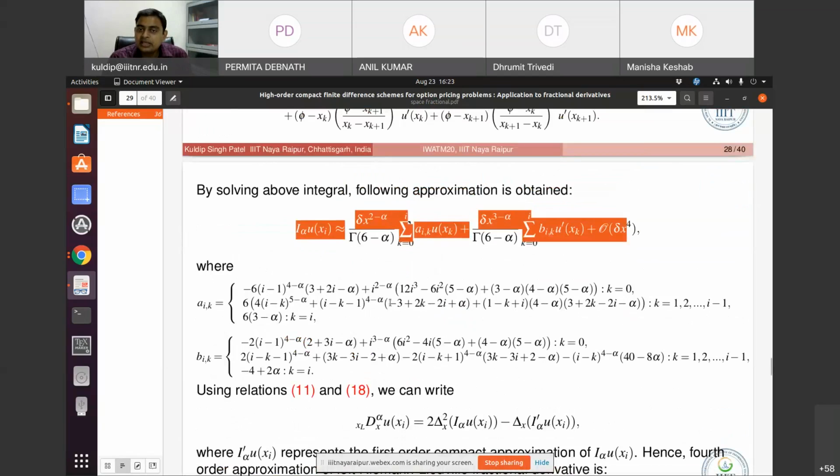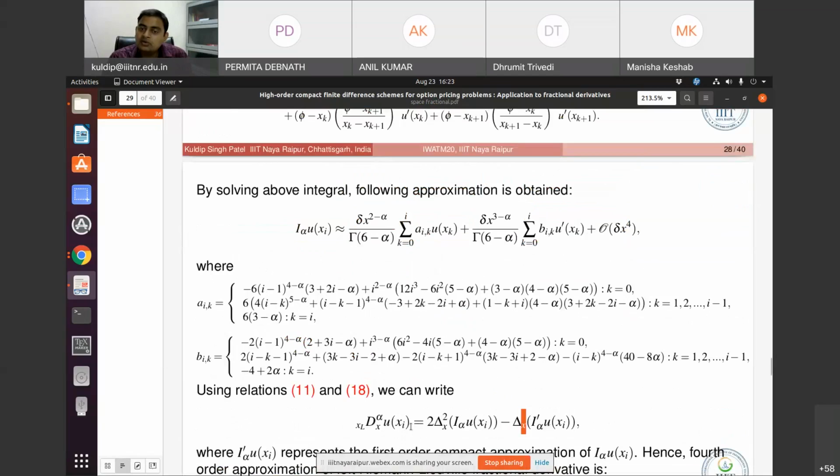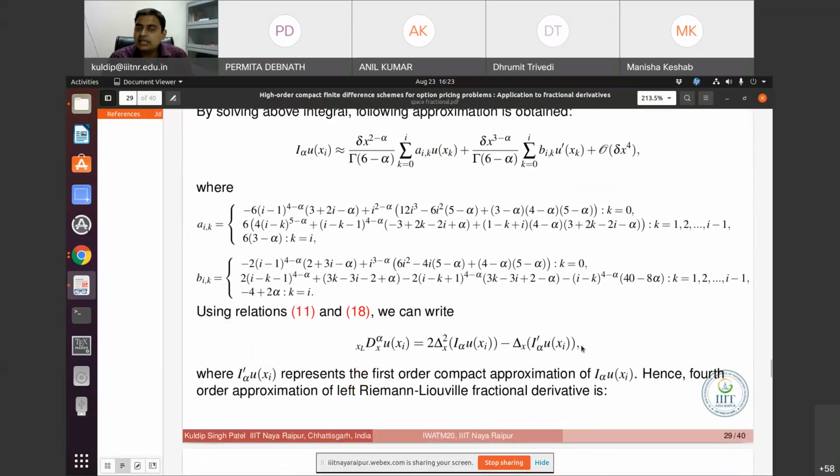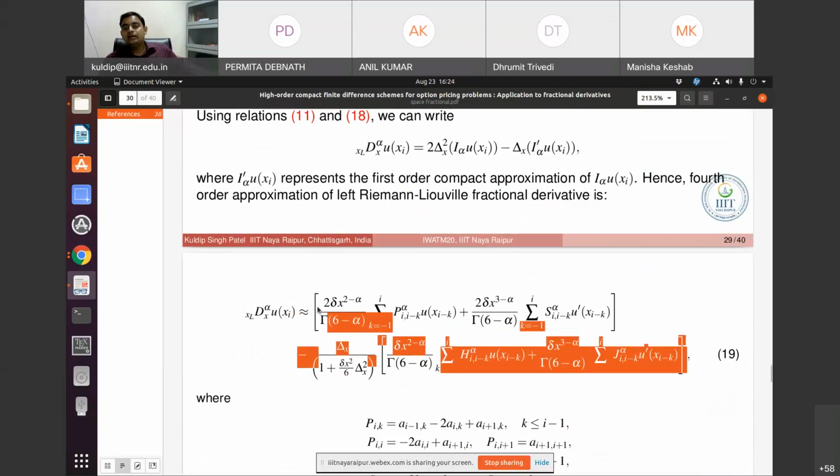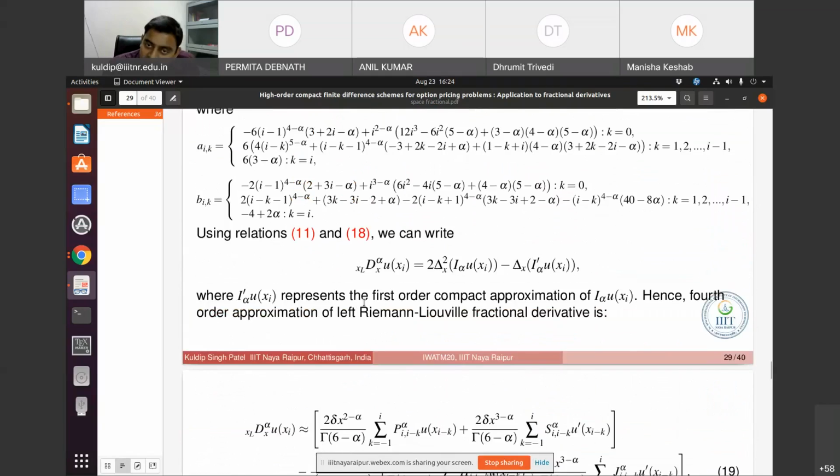If you see, how did we do the compact approximation? We used this splitting, right? We use this splitting here also, and we found this expression. That is the expression which I was showing to you in the previous slide, but here I just gave you the idea of how we got it.